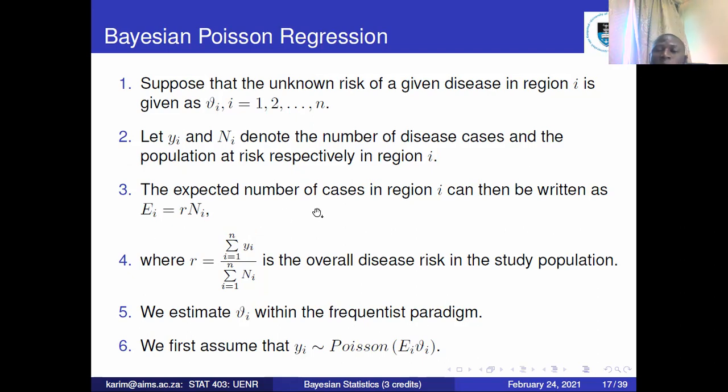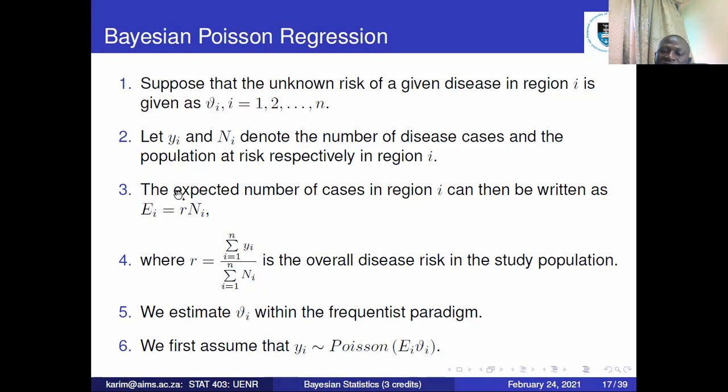Remember when you did your probabilities, if you are given probabilities associated with given items, and you multiply the probabilities by the number, then that gives you the expected value. So we need to know the probability of getting the disease for every region, multiplied by the population of that region, and sum them up, and that will give us the expected number of cases.